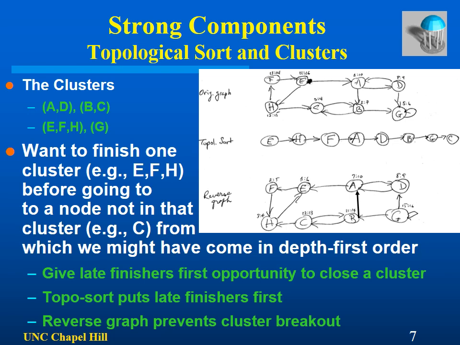And then we go to H, which starts at time 3. And then there's nowhere to go. Notice that all the otherwise forward arrows in the original graph are now back arrows, so we can't get out of this cycle. And so we have to close H at time 4, and F at time 5, and E at time 6, and we've completed that little cycle.